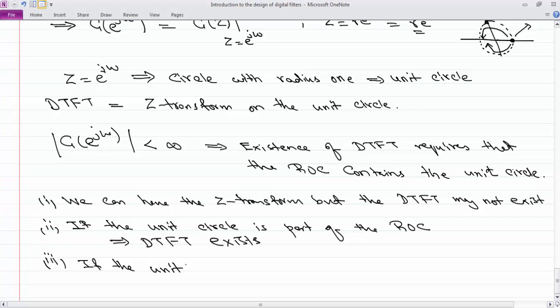There are some cases where, for periodic signals, we can make use of the discrete Fourier series. That's a different trick. But if we stay with the usual definition of the discrete time Fourier transform, if the unit circle is not part of the region of convergence, then the DTFT would not exist.